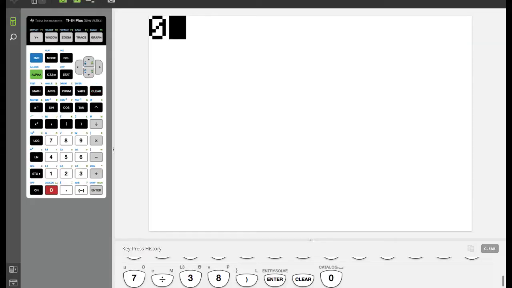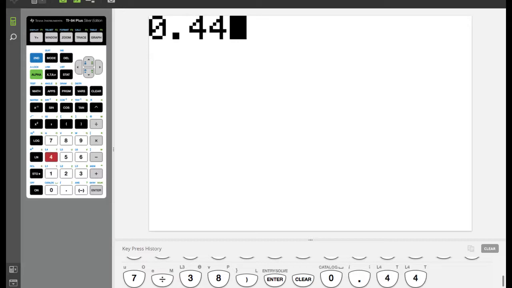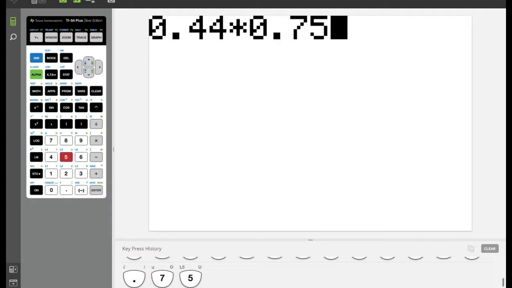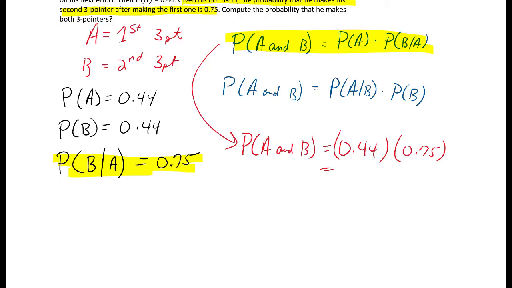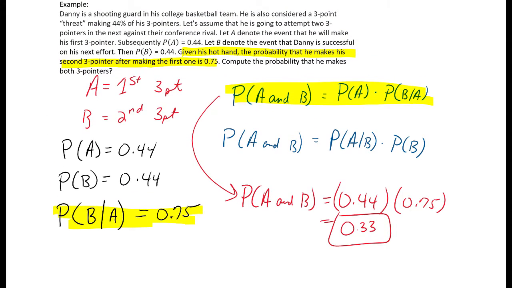I'm going to take 0.44, multiply that by 0.75, and I get 0.33. So there is a 33% chance that he is going to make both of those 3-point attempts. Once again, write down what you know, identify which formula best matches up with the information that you have, and then apply the formula.